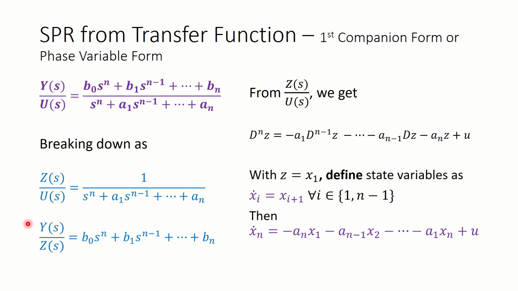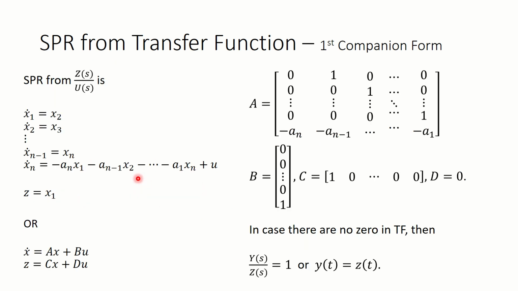Zs by Us is this particular transfer function which has numerator as 1 only. So this is the state space realization from this Zs by Us transfer function. If we write it in this manner, Ax plus Bu, Cx plus Du, then we can say what is A, what is B, what is C, what is D. Looking at this set of equations, we can very easily identify that A will be like this, 0 1 0 0 0 0, because x1 dot is x2.